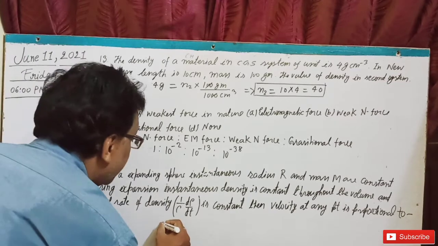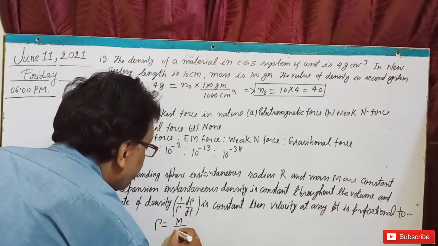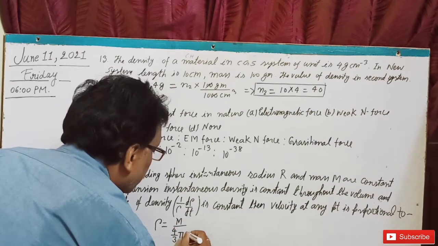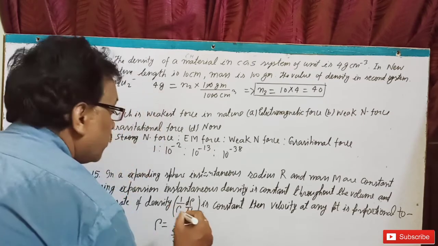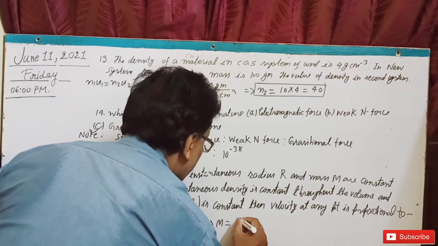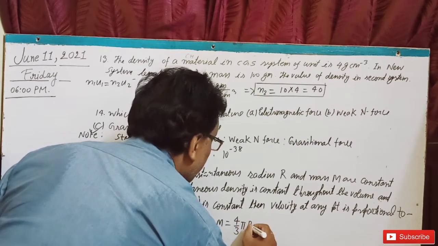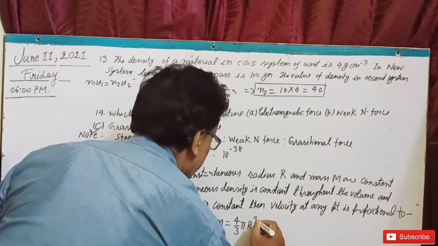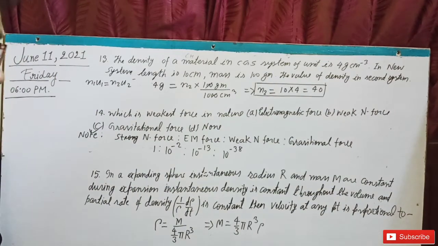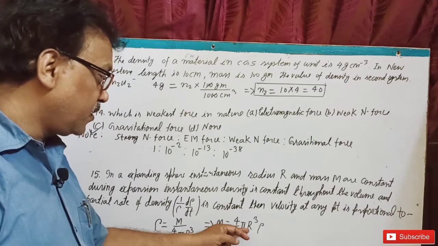So you know density is mass upon volume. So m is going to be 4 by 3 pi r cube rho. So mass, which is a constant factor here, is pi r cube rho.